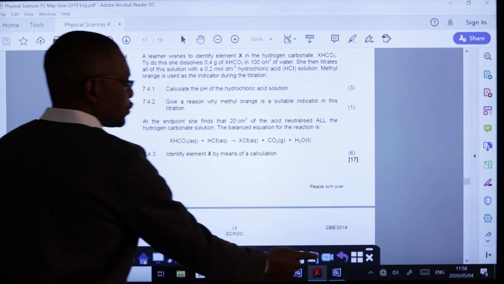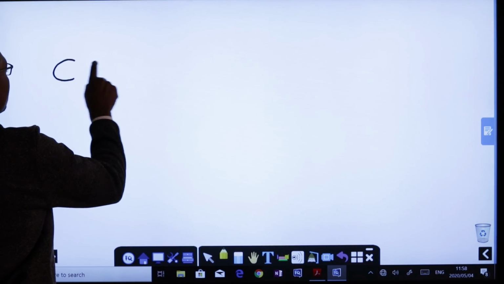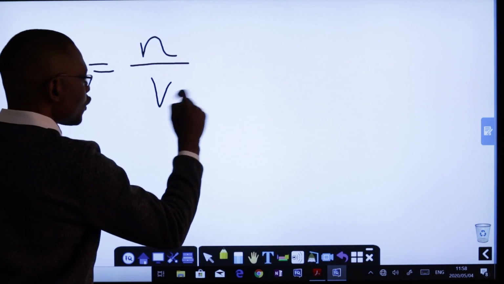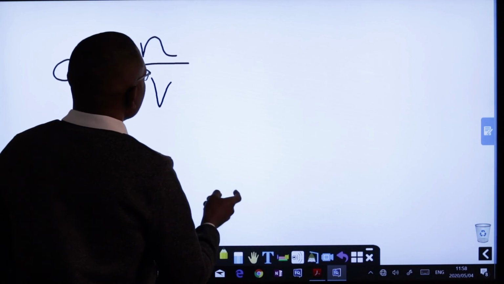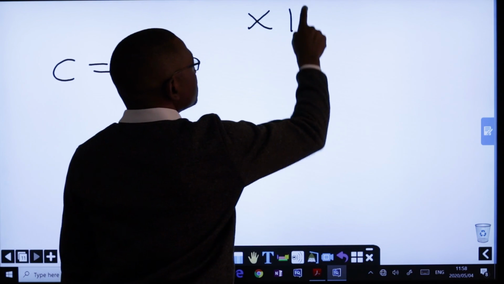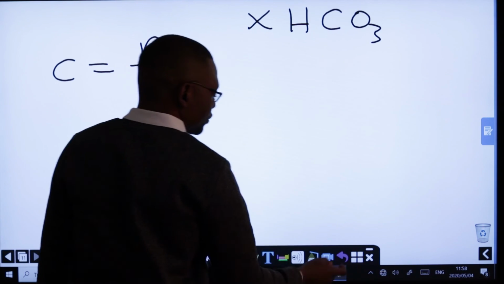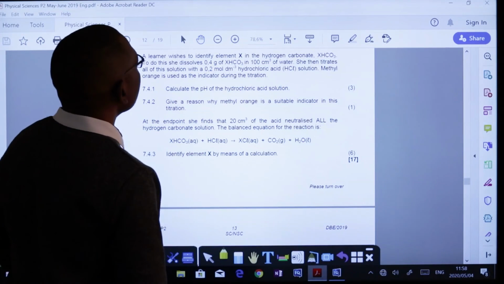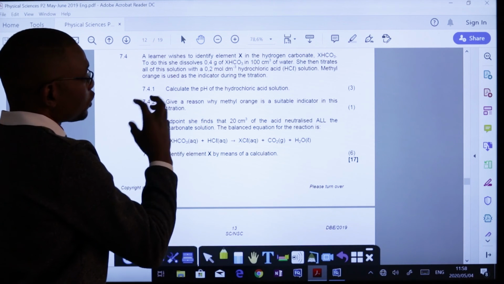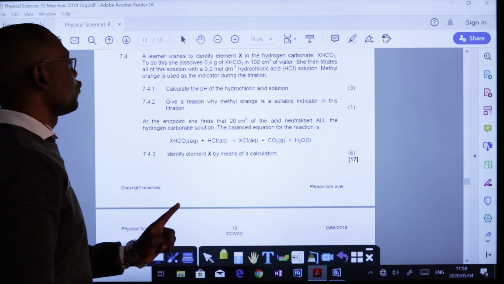We know that concentration is equal to number of moles per unit volume, and you are given grams, and we don't know what X is, but we've got the other part, which is hydrogen carbonate. So you need to revert back to this whole quantity. But what we know for now is that this is in 100 cubic centimeters of water.